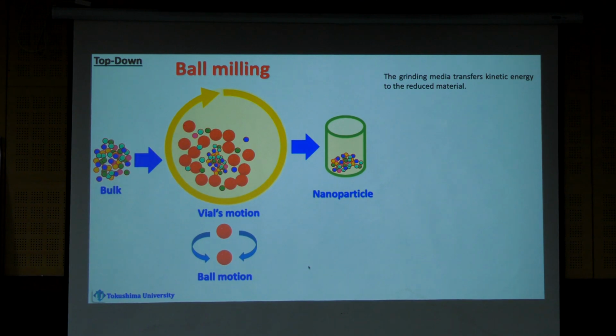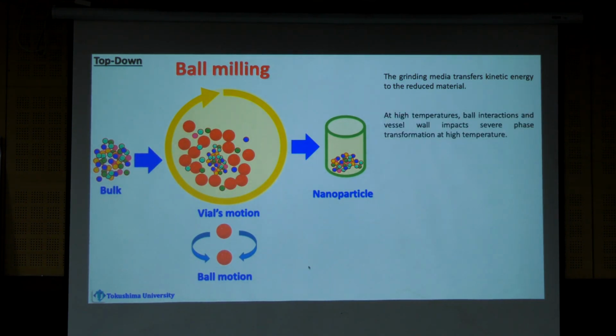Similarly, when the ball is not moving, it doesn't have any energy, but as soon as you start to rotate this wheel, the particle gets a certain kind of energy, that is kinetic energy, and that kinetic energy reduces this bulk material into nanoparticles.